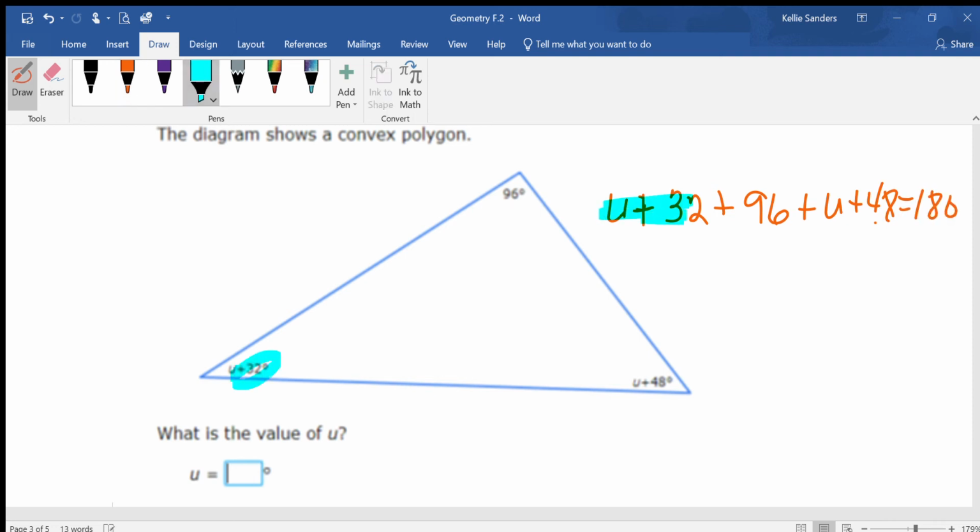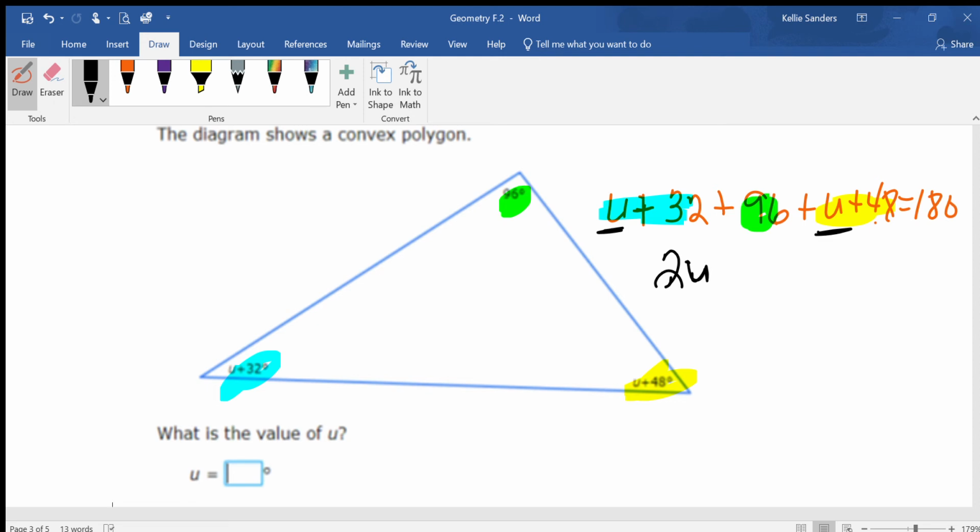Again, that's one angle. That's the second angle. And that's the third angle. So I've put a plus sign between all of them. We're going to add our like terms together. Here is a U and here is a U. If there's not a number in front of the U, it's understood to be 1. So 1U plus 1U is 2U.